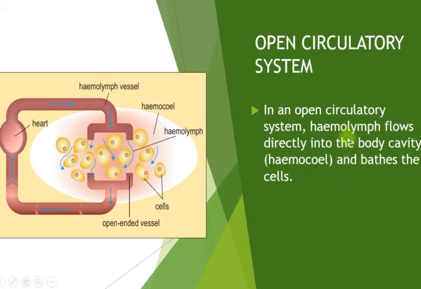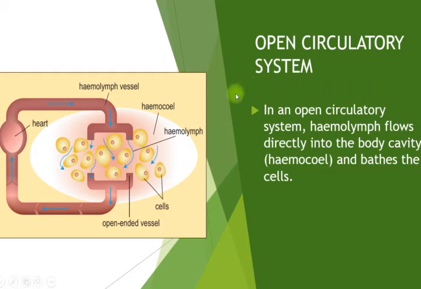Before I go further, you have to remember that the open circulatory system is only for insects. The example of an organism that has an open circulatory system is only the insect.